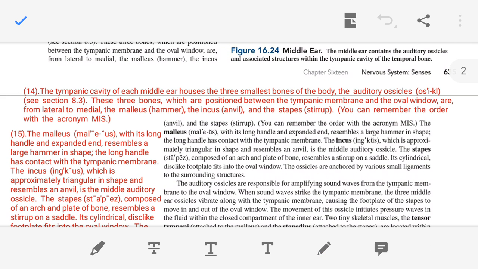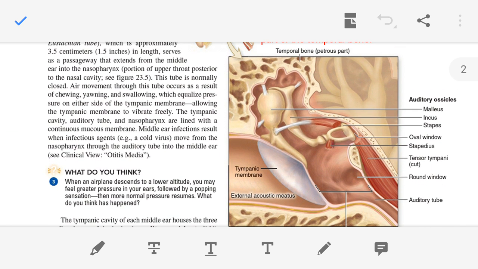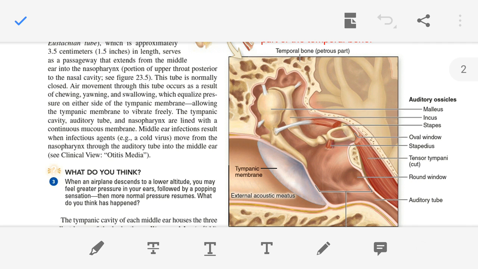To remember these names, you can remember the order with the acronym MIS: M for malleus, I for incus, and S for stapes. Malleus, incus, and this one is the stapes.